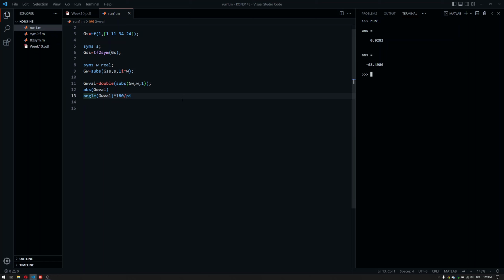Now this gives us an idea. And the idea is the following. If we apply sine omega t to our transfer function, since we are dealing with linear time invariant transfer functions, we get a sinusoidal wave as the output here. So the output will resemble sine.